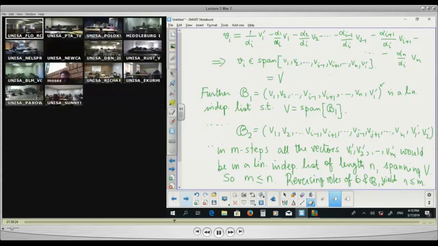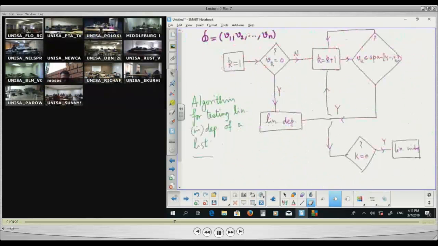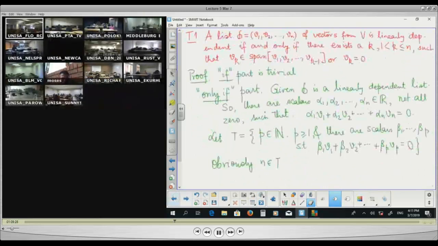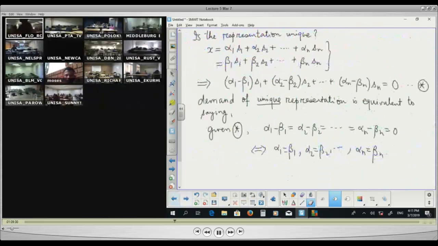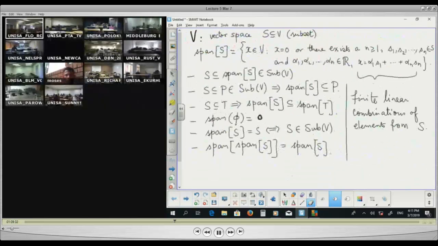Span of S is the set of all finite linear combinations of S. So either x is 0 or there exists a natural number n and n many vectors from S and n many scalars such that x is a linear combination of those vectors and scalars. Right?